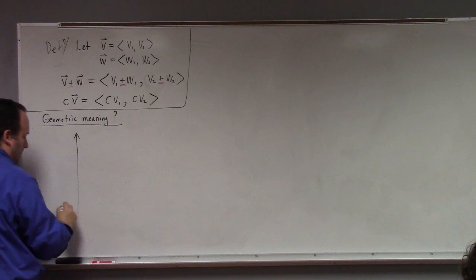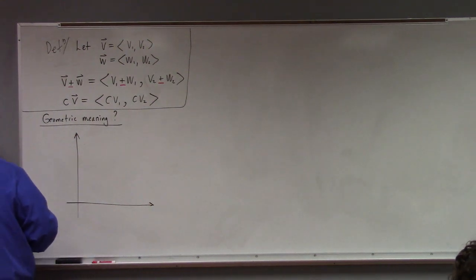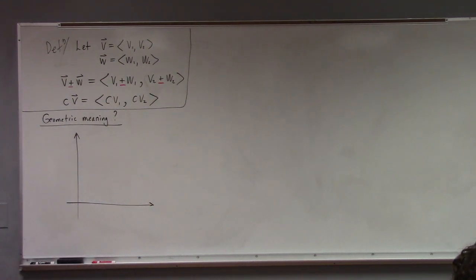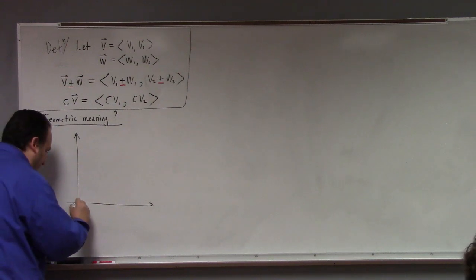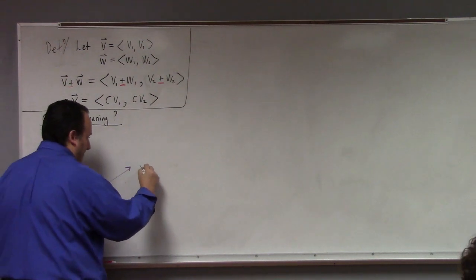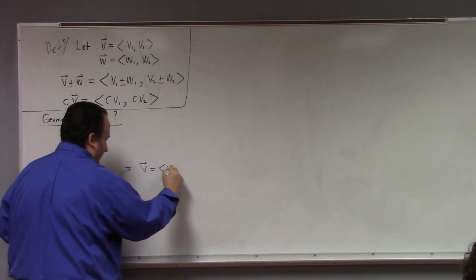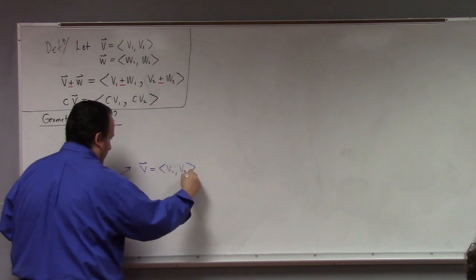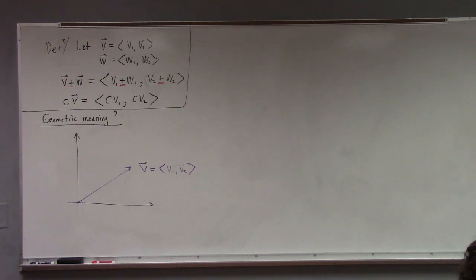So, very simple. If we draw the first vector, V, as if it's from the origin, all right? So here's V, V1, V2. I drew that vector as if it's based at the origin.